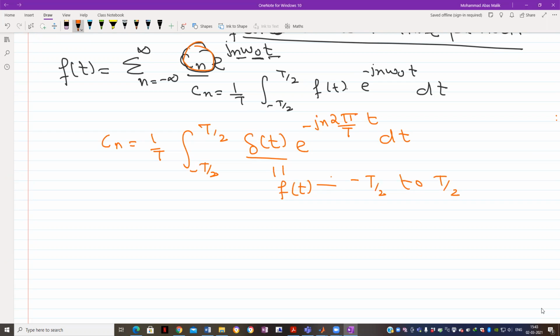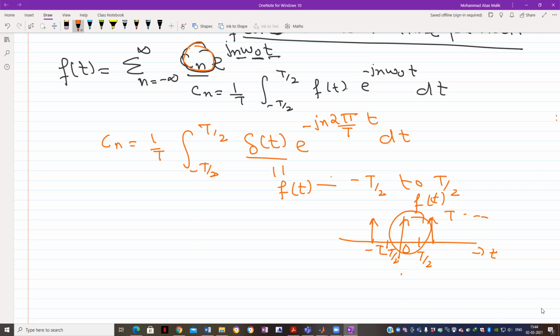Because if you draw its graph, this is minus T, this is 0, and this is T, and this is also f of t. So minus T by 2, and this is T by 2. From minus T by 2 to T by 2, you get only one impulse.